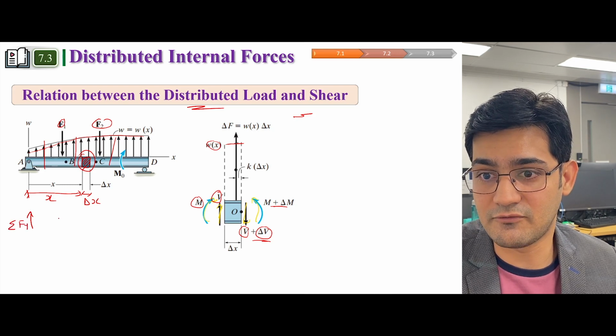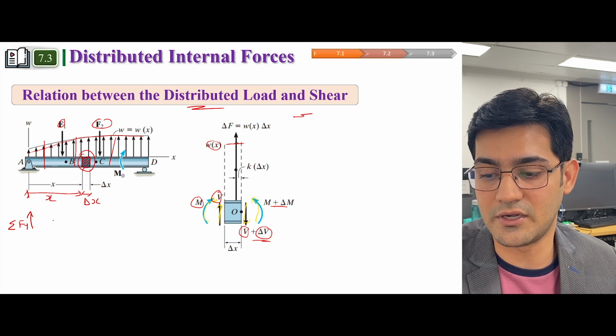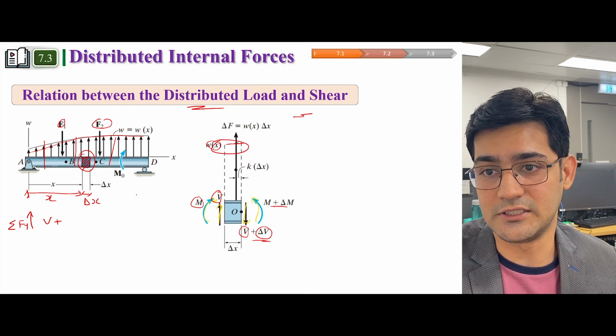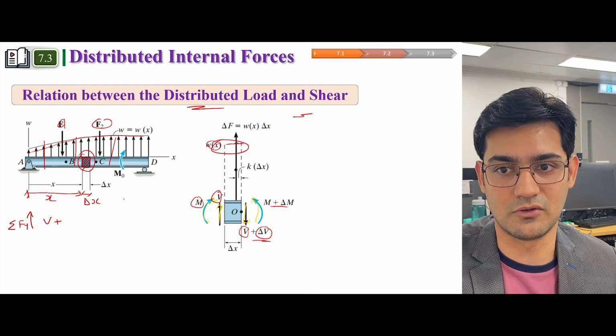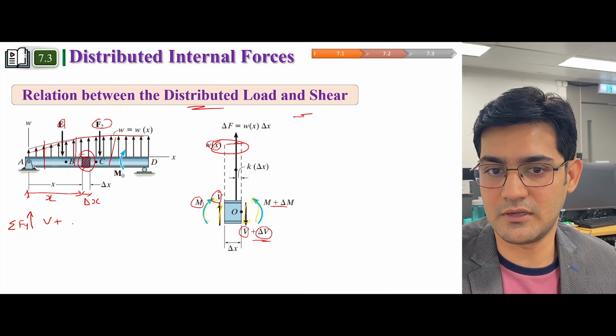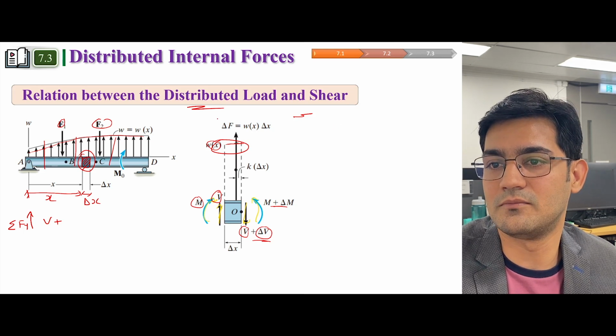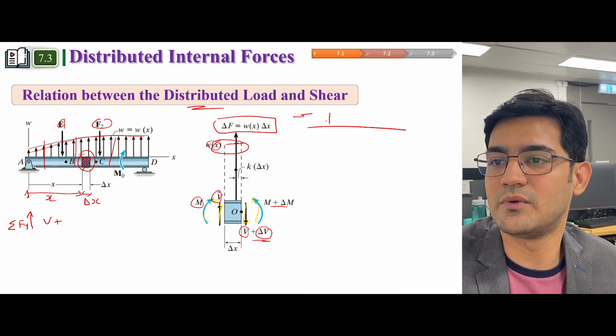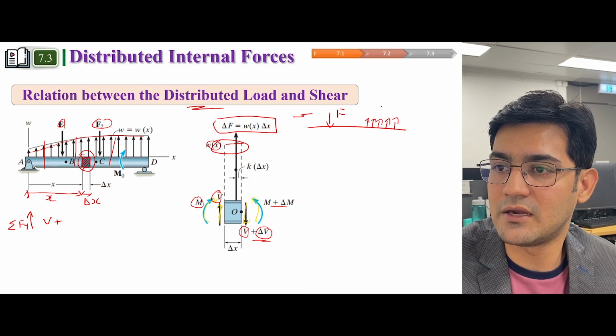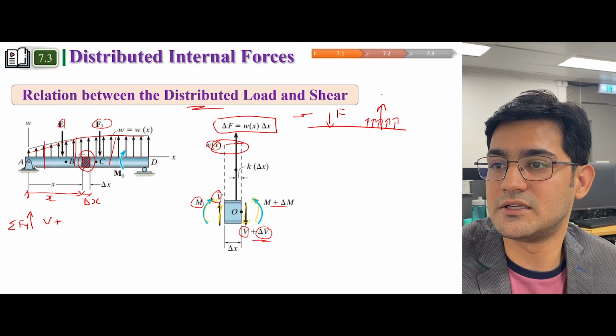If I apply summation of forces in y, how many forces are acting in the vertical direction? We have a shear force V, and then we have these distributed loadings, because distributed loadings also act in the vertical direction. But previously we were just considering one force. If you have distributed loadings, which are multiple forces, you need to calculate the resultant of those forces, and the resultant would be the multiplication of this distance with this force.